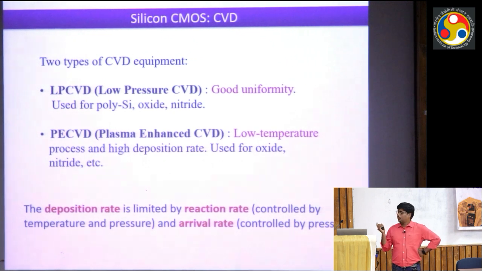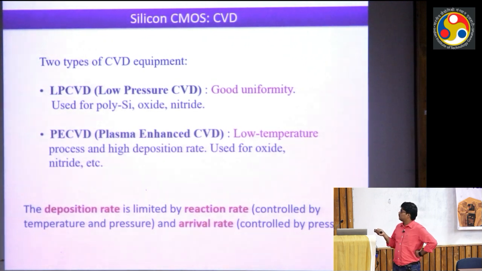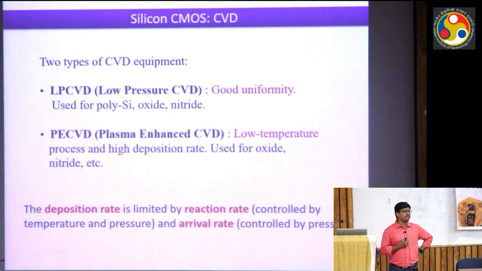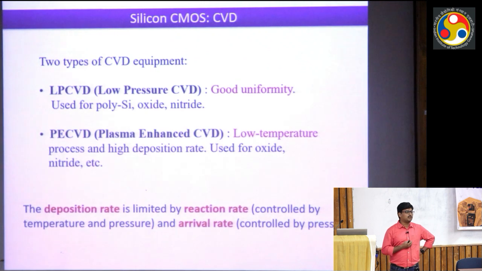Now when we say that the process temperature is low, do we really need to lower the process temperature? And if we really need a lower process temperature, what is the reason behind this? Again, the overall objective from the industry point of view in developing any semiconductor technology is maximum performance at lower cost.